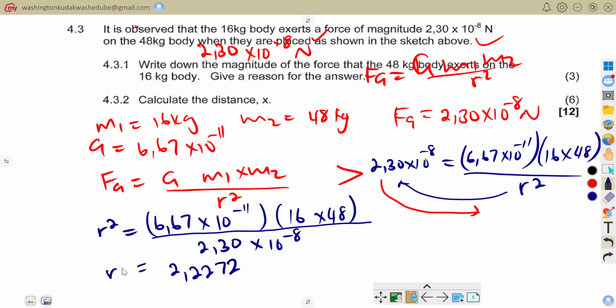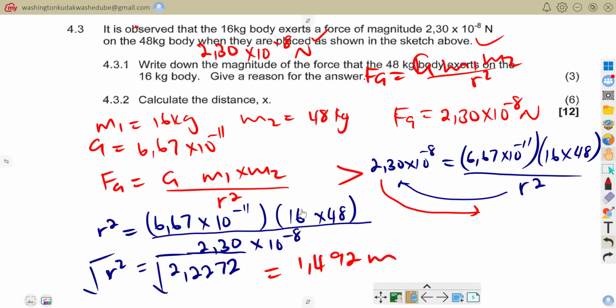Now, how do I find R? I just apply the square root that side, square root that side. So the square root of 2.2272 gives me 1.492 meters.